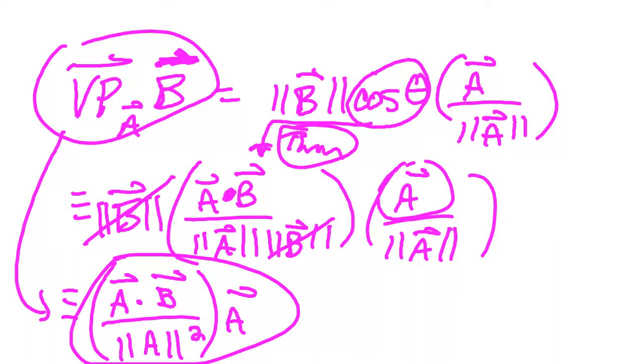Notice that basically the denominator has the norm of A, and then it's times A vector. So we're going onto A vector.